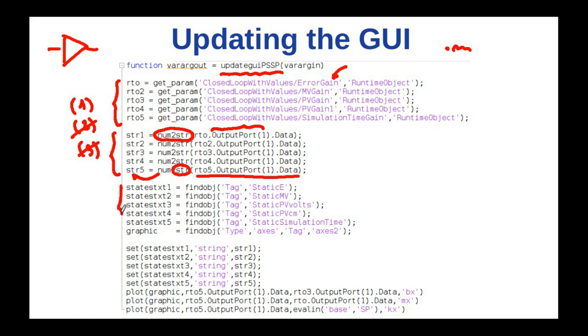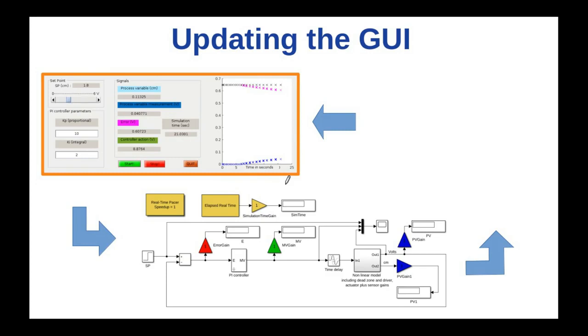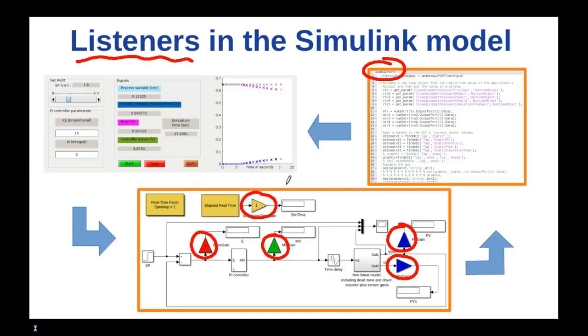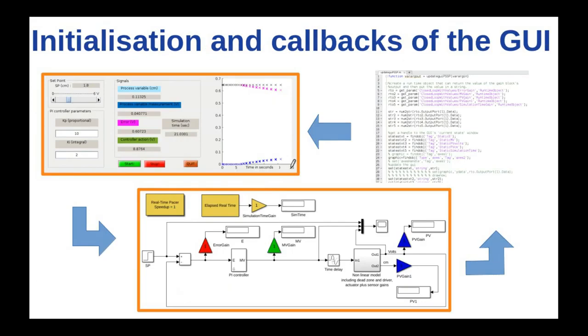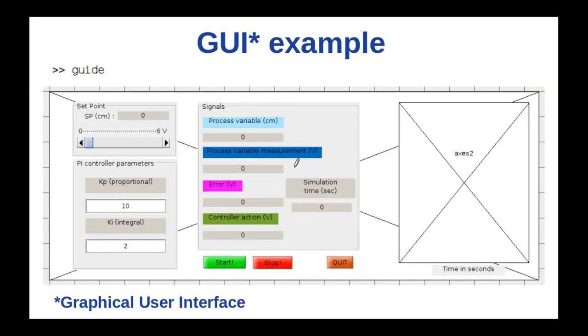Then here I find the objects where I must copy or change their values by these strings. So first of all, I find an object with a tag name called static E. So that means that here at the beginning of the graphical user interface, I have the objects of the process variable.